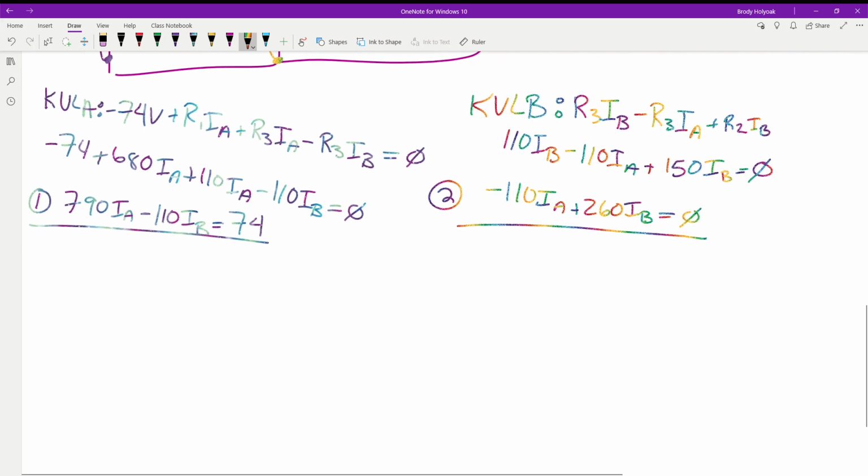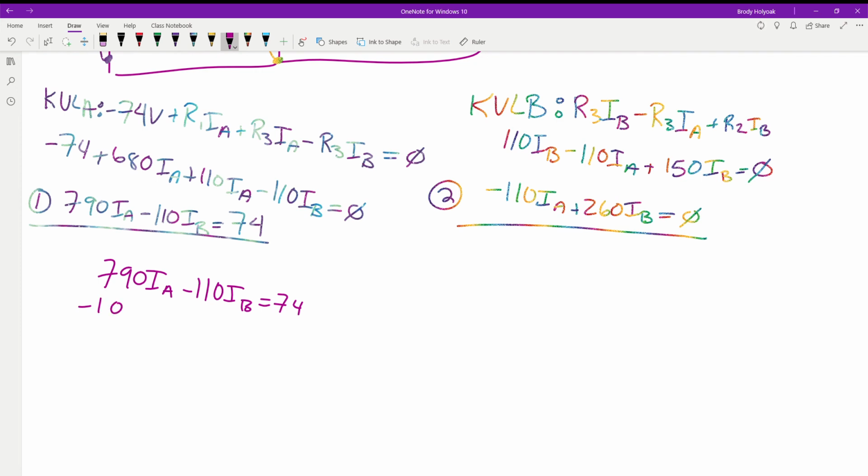Now we're going to take these and combine them together. So we have 790 IA minus 110 IB is equal to 74. And then we have a negative 110 IA plus 260 IB is equal to 0.